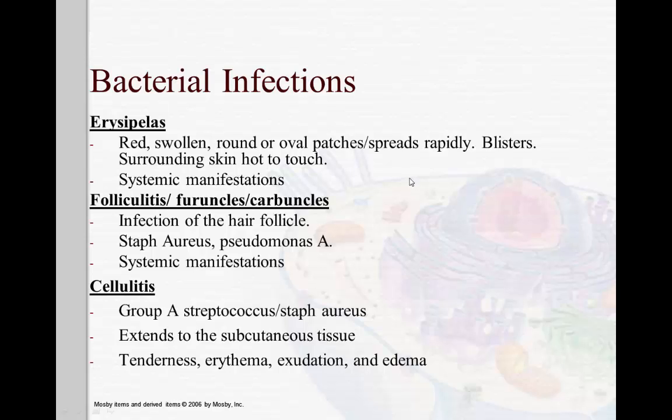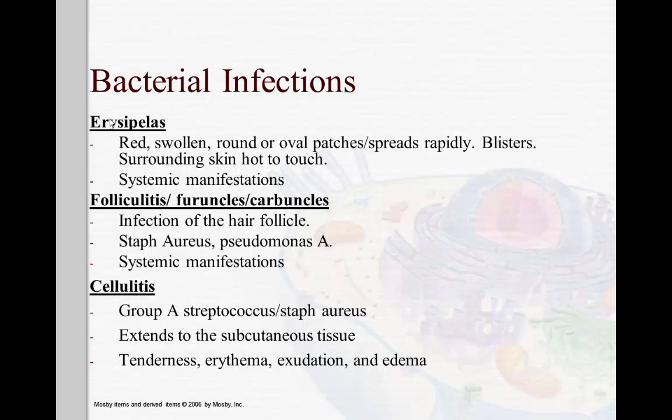Now let's talk about erysipelas, folliculitis, and other bacterial infections of the skin. Erysipelas is a type of superficial cellulitis. So it's the same as cellulitis, but cellulitis extends more into the subcutaneous tissue, and erysipelas is a cellulitis but superficial.